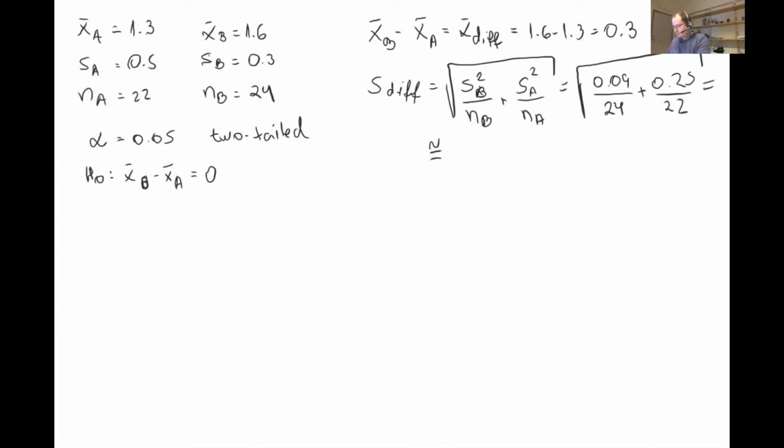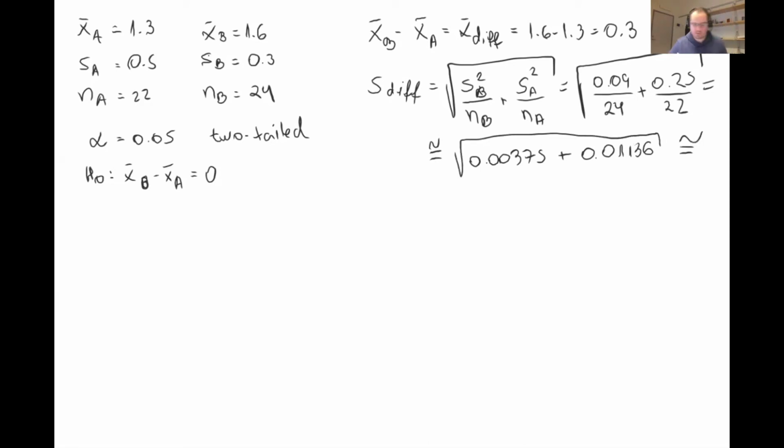So let's see, 0.09 divided by 24 is 0.00375. And 0.25 divided by 22 is a big thing, so let's just say it's something close to 0.01136. Let's stick with 5 decimals here. And then I will take the square root of this.